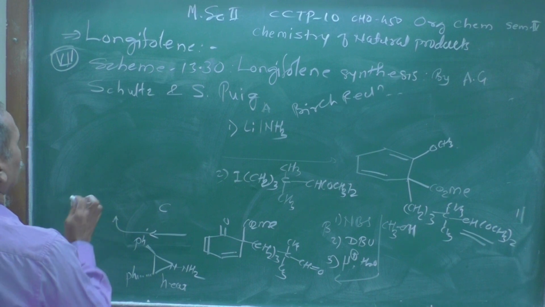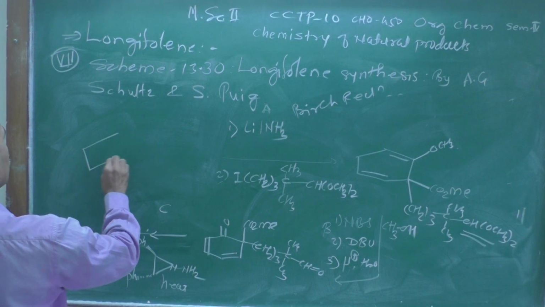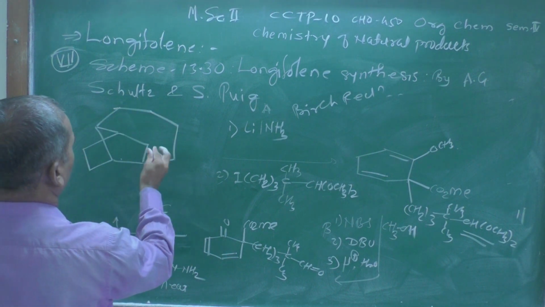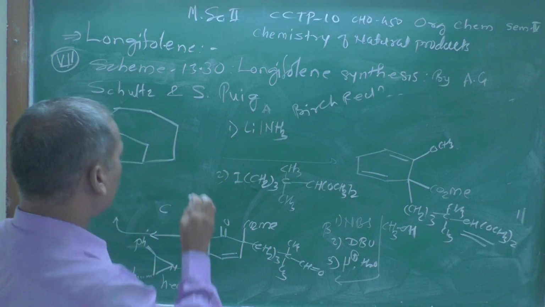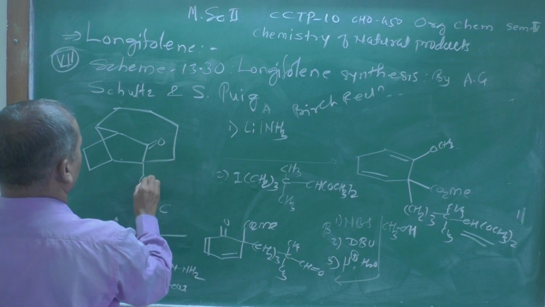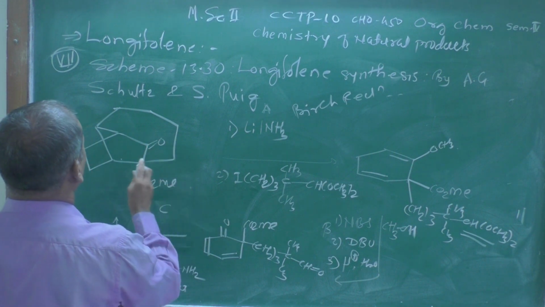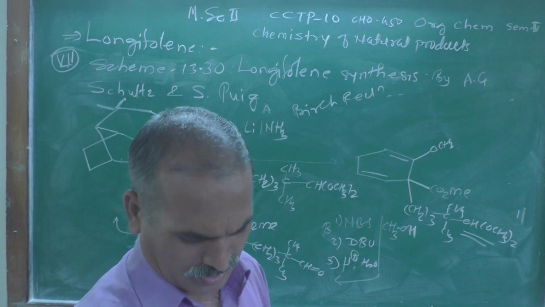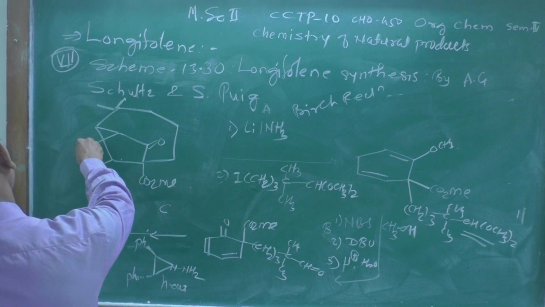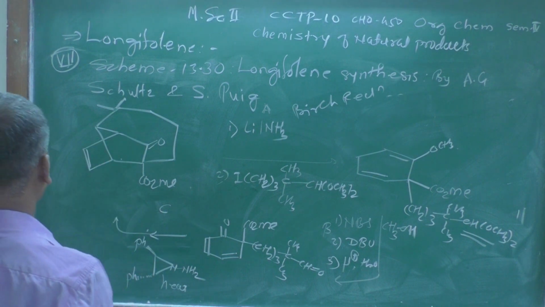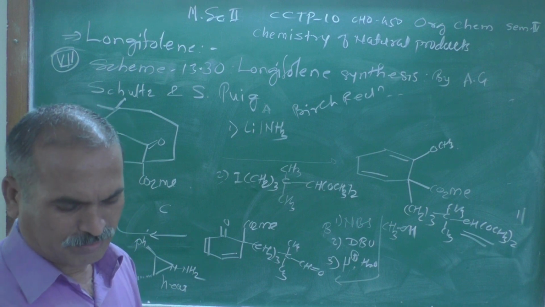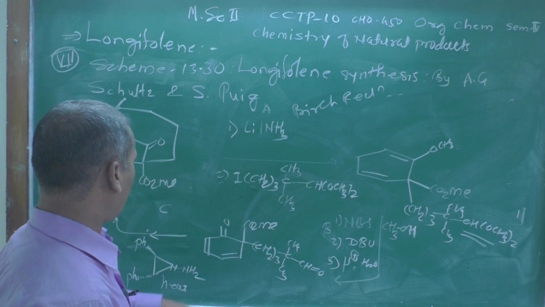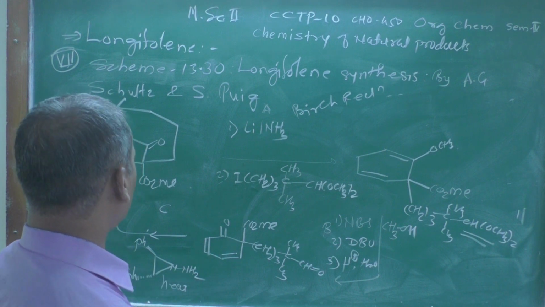Now C double bond O, then CO2Me. Here is a methyl group which is already over there, and then the double bond remains over here. So this is the compound which we got after the treatment of this.